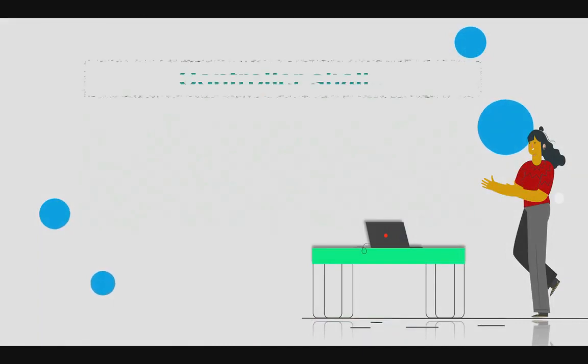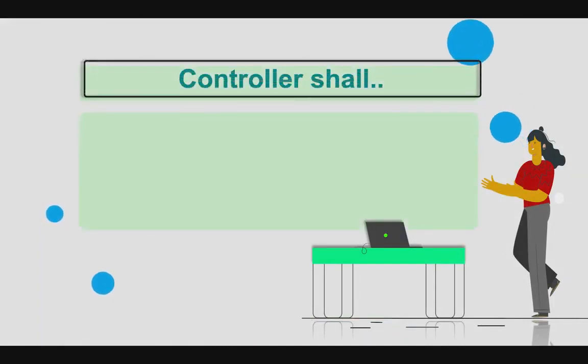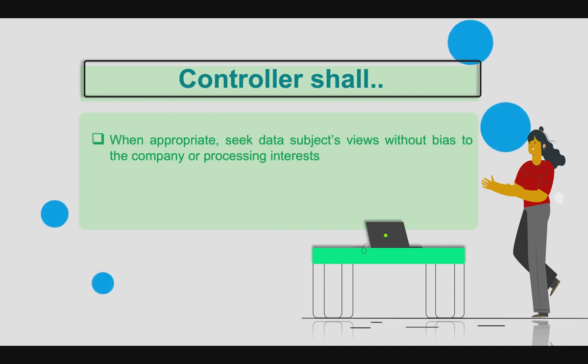Let's take a look at what the duties of the controller are in this case. Firstly, the controller will have to seek the views of data subjects or their representatives on the intended processing. There should be no prejudice to the protection of commercial or public interests or the security of processing operations.